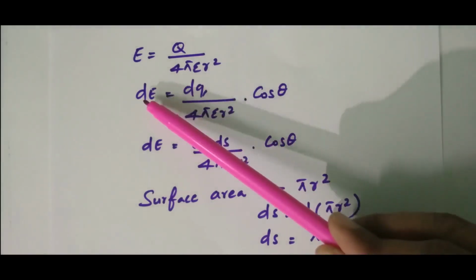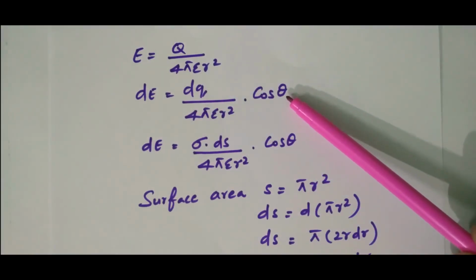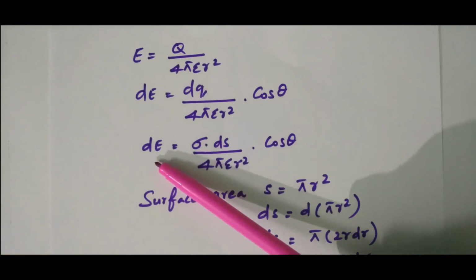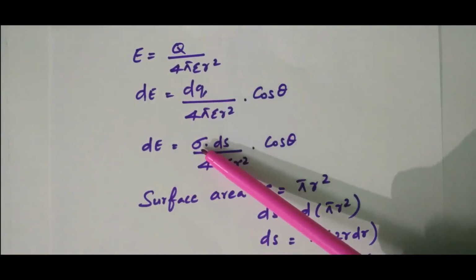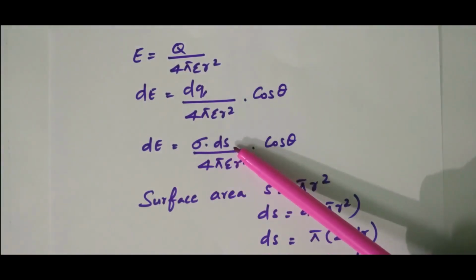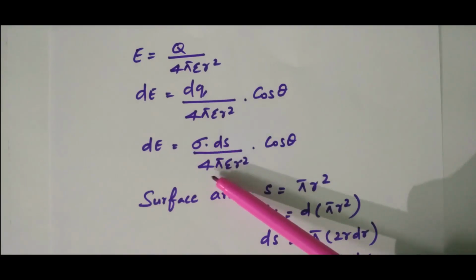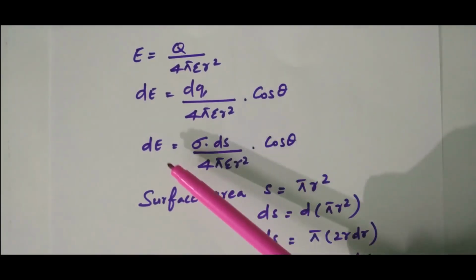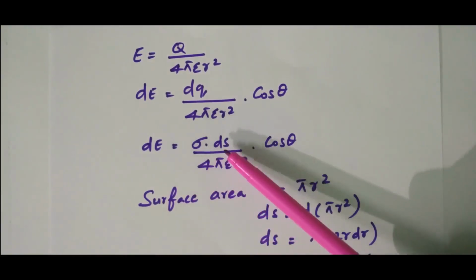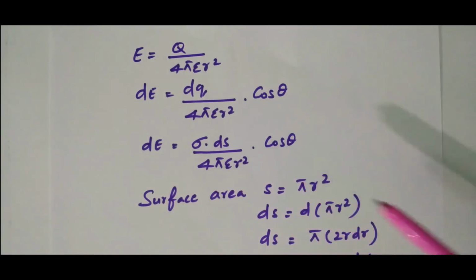This dQ can be replaced by surface charge density sigma into ds. So finally we have dE equal to sigma ds divided by 4 pi epsilon r square into cos theta.